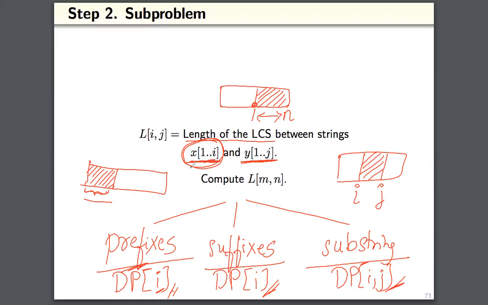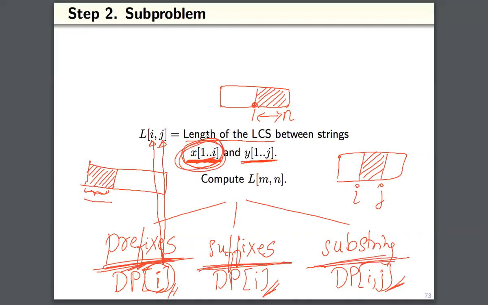It's the first type, that is prefixes. We are using prefixes here. Prefixes has one dimension, that for one string, that dimension is being used here. For the second string, this has one dimension. The first j characters are used for the second string. Make sense? So either you will use prefixes or suffixes or substrings.